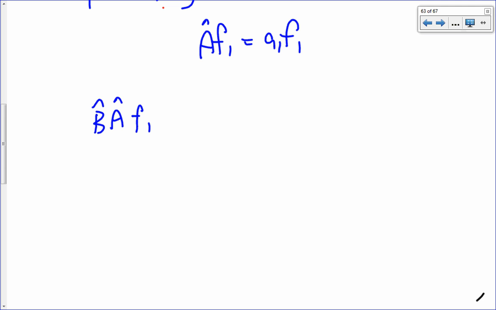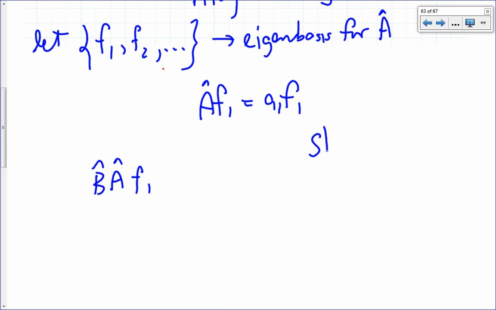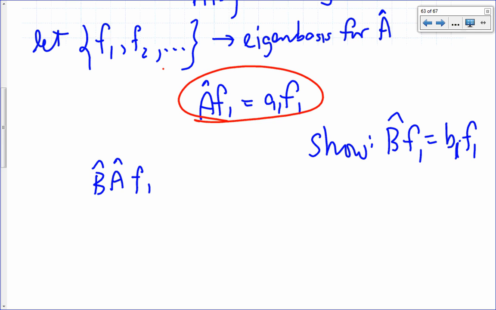We already know that they commute, right? We're assuming that they commute. We're saying that we can show that B hat F1 would be some other constant times F1, right? That's what we need to show. So we assume that's the case, then we need to show that if they commute.